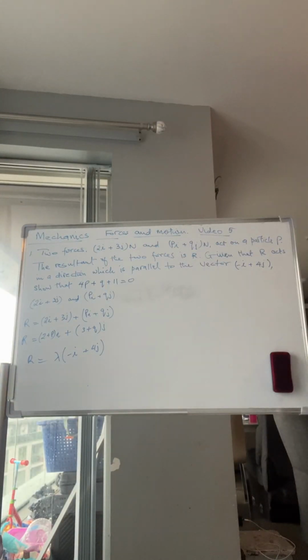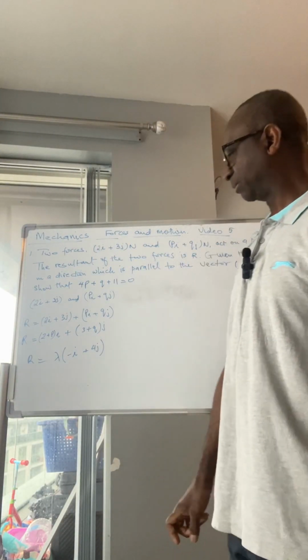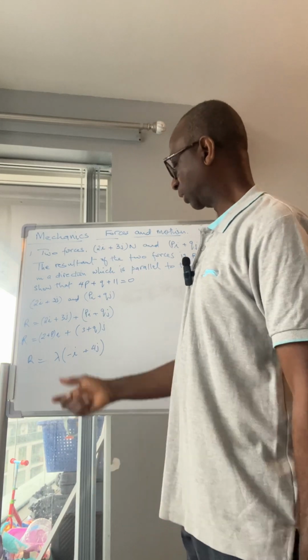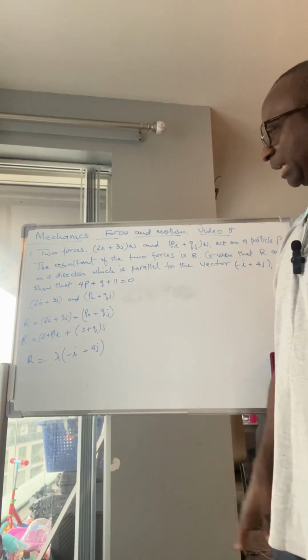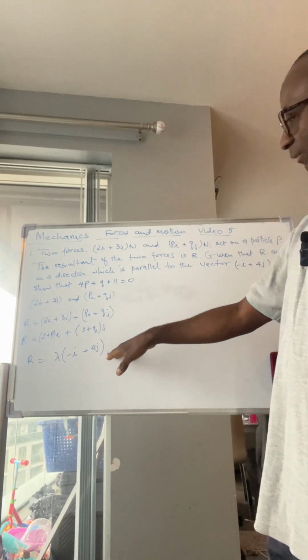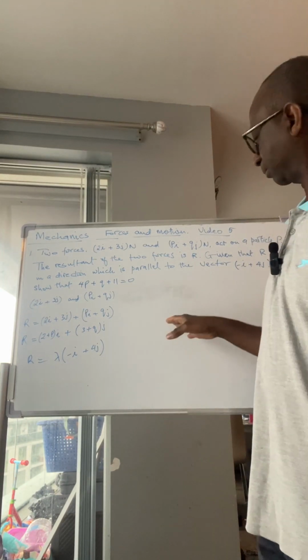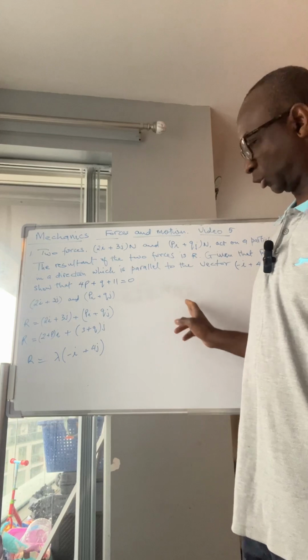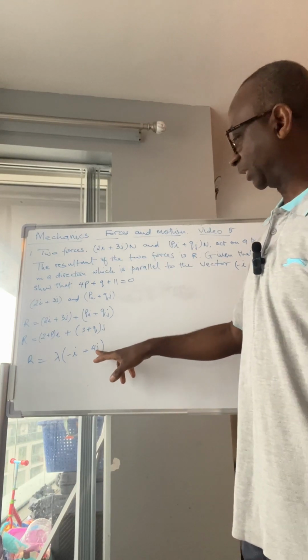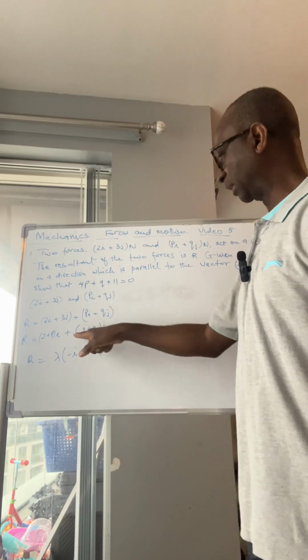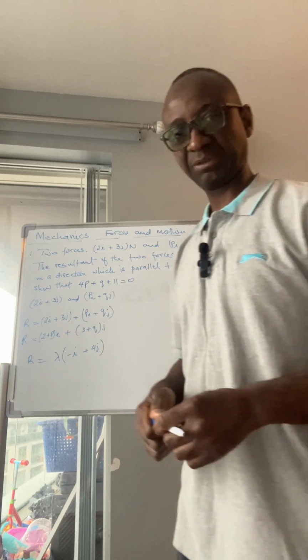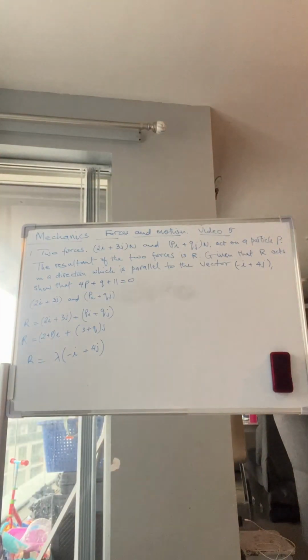So now what do we have? If they are parallel, the i component of this vector must be equal to the i component of the resultant force, and the j component must also be equal to the j component of the resultant.